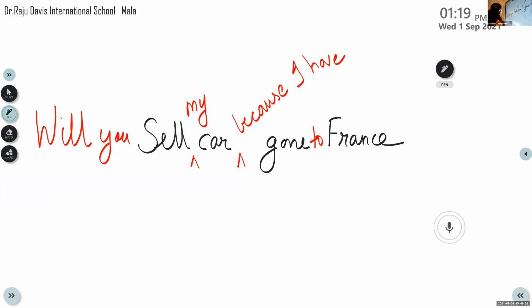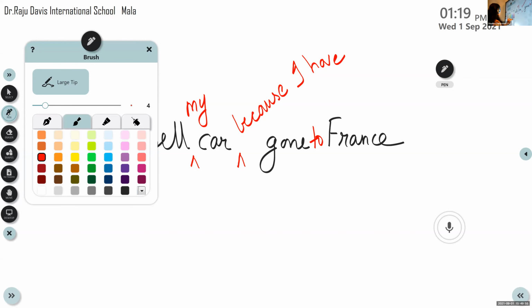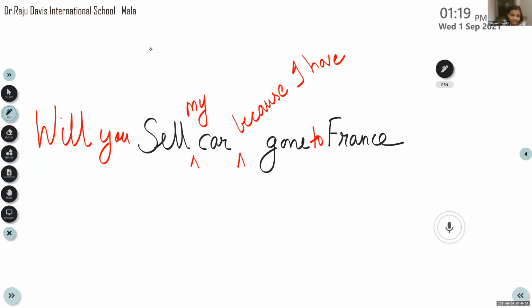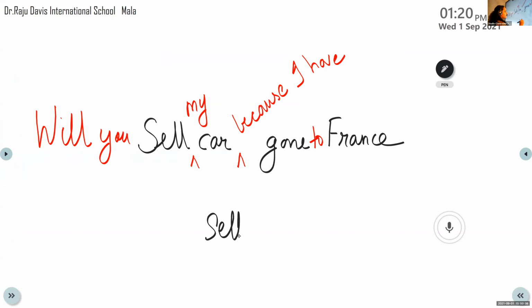Clear? I didn't actually understand. You didn't understand. Okay. Now without will you, my, because I have to, the sentence is sell car, gone France. Okay? So the entire meaning of the sentence is here. Somebody is asking to sell a car because they have gone to France. This is the content of the sentence.